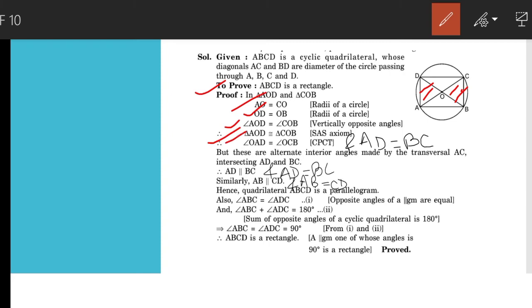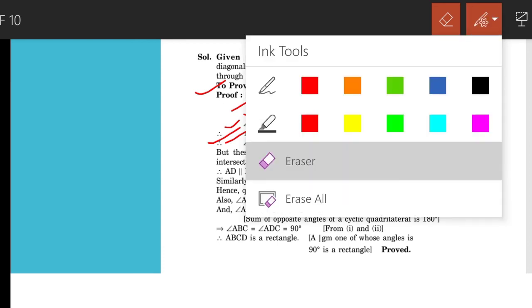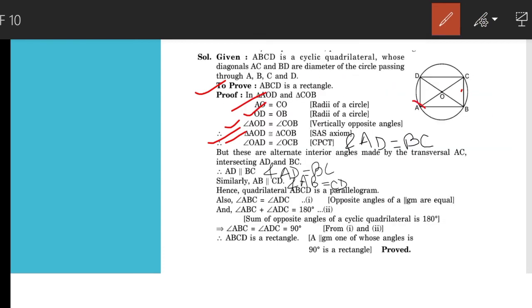Since the triangles are congruent, we can also say that the angles are equal. The angles are angle OAD and OCB. These two angles are equal. Together we can say that AD is equal to CB. This we can also say from CPCT.